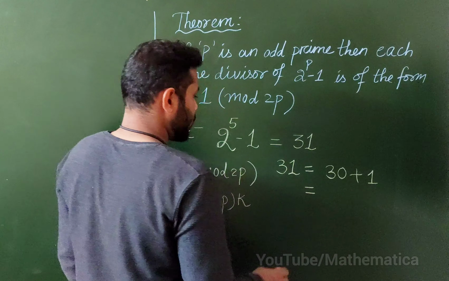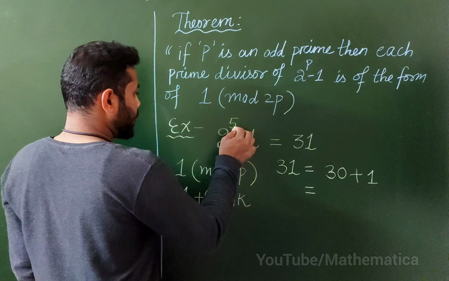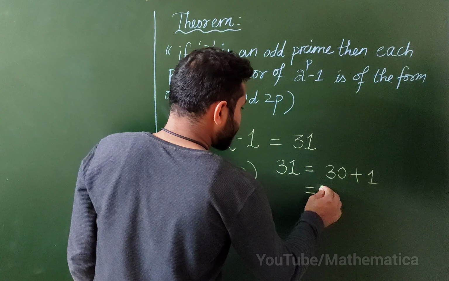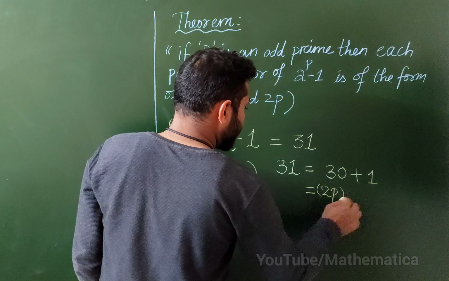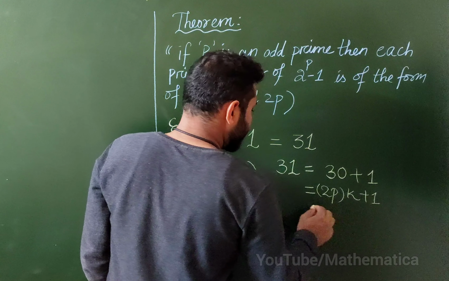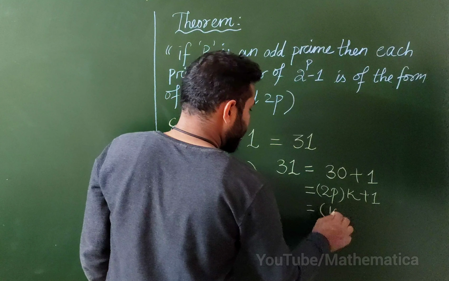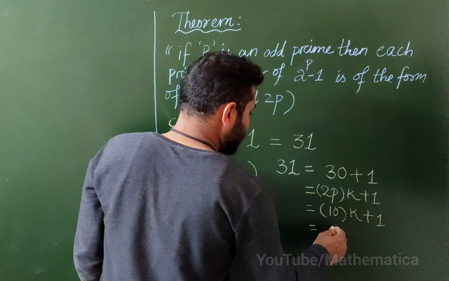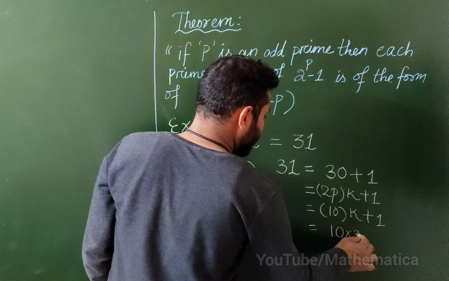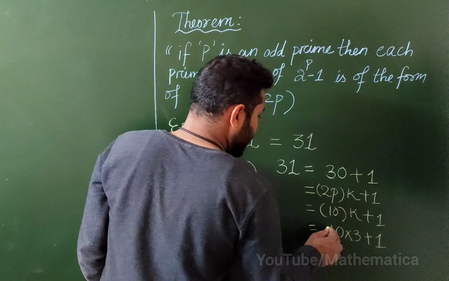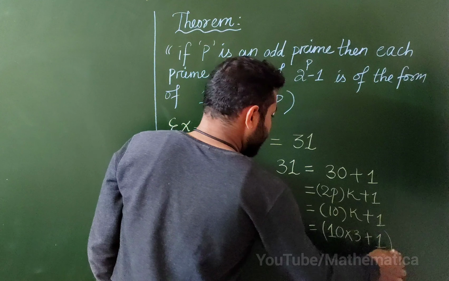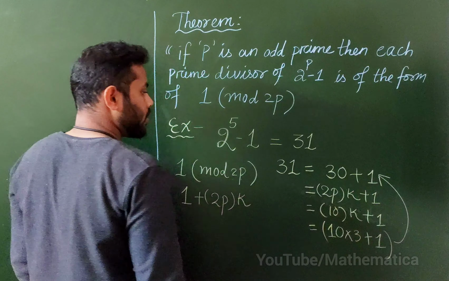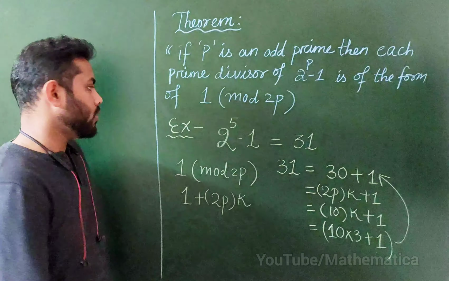Here p is 5, so 2p is 10, and the form is 2pk plus 1, that is 10k plus 1. Here it is 10 into 3 plus 1. So you saw that the number 31 is of the form 2pk plus 1.